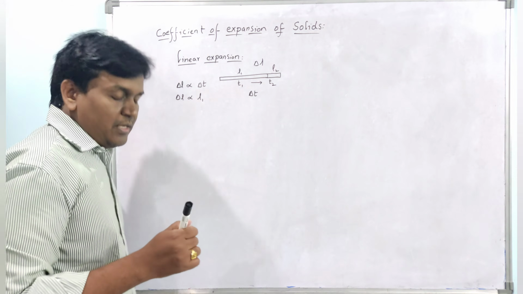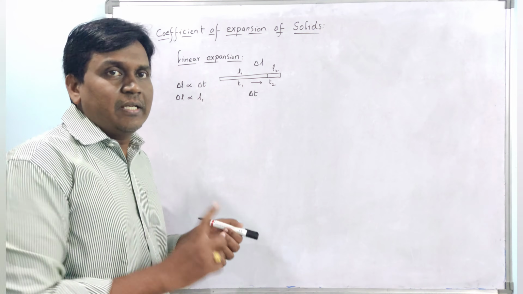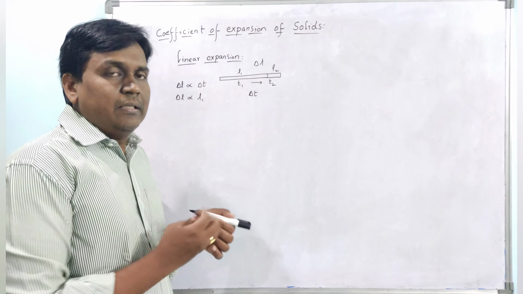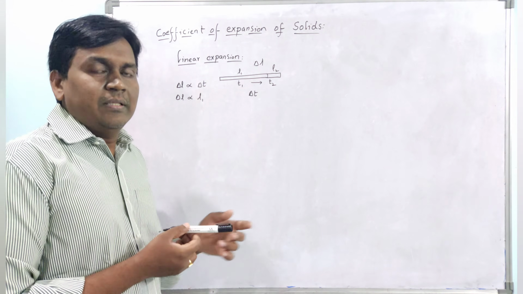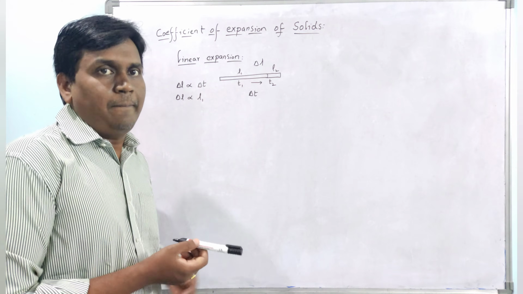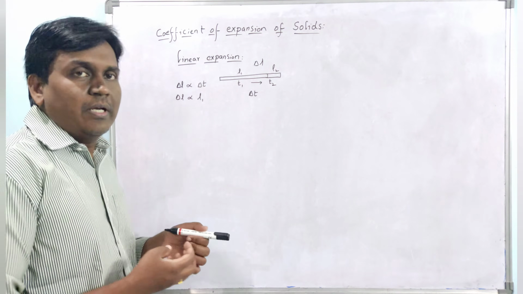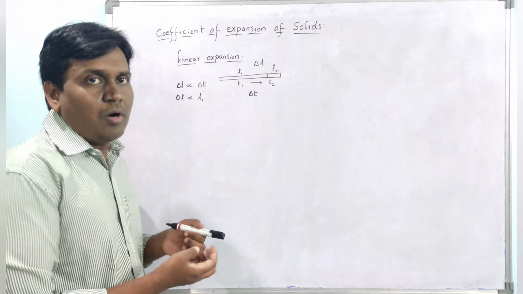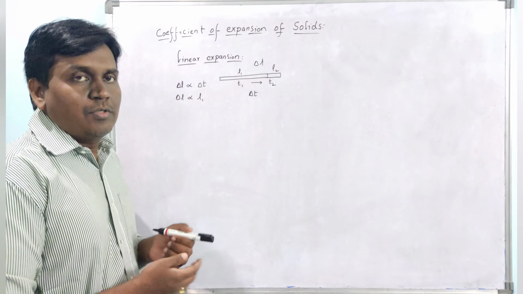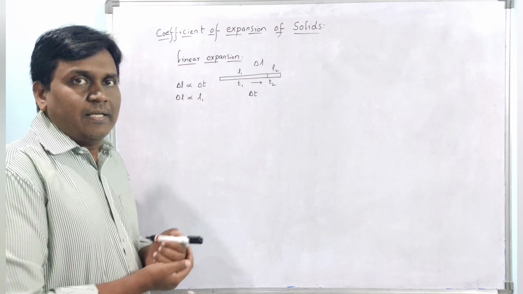The reason is, if you take a 1 meter length rod and give 1 degree of heat to it, then it may change to some other length. If the same amount of temperature is given to a 2 meter rod, the change in length will be double that before.